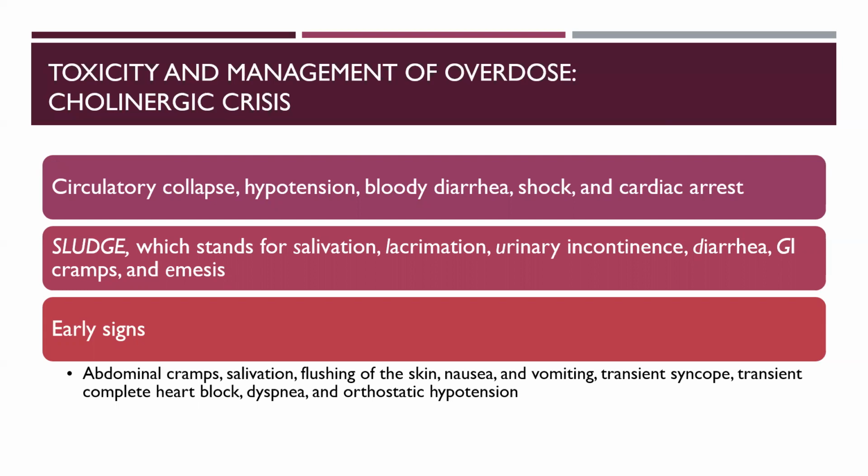And then your early signs are just things like abdominal cramping, salivation, flushing of skin, nausea, vomiting. It hasn't gotten to the extreme of now I'm seeing shock or cardiac arrest, but I'm noticing some orthostatic hypotension, or I'm noticing that I'm having more flushing.